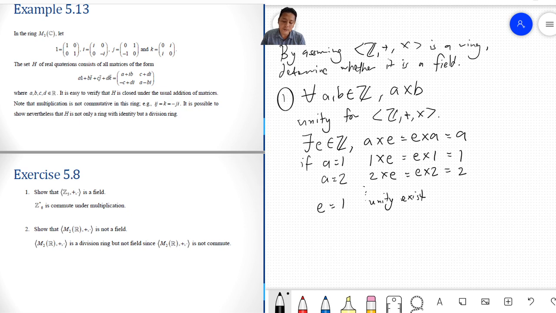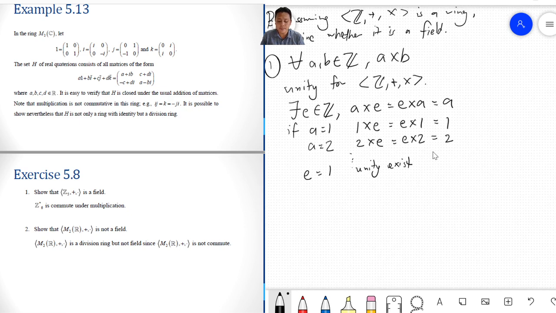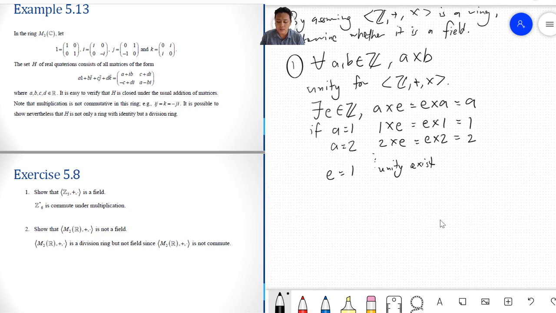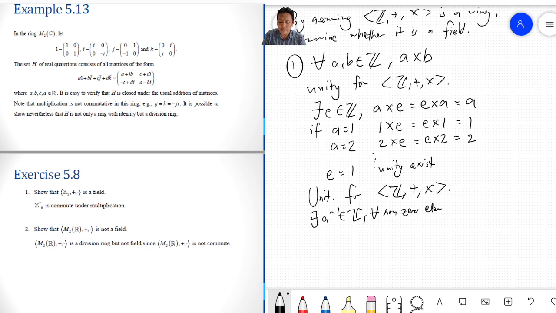But for the part of units this time, the inverse for multiplication, does there exist a unit for every non-zero element of the integers? Okay, let's check one by one.